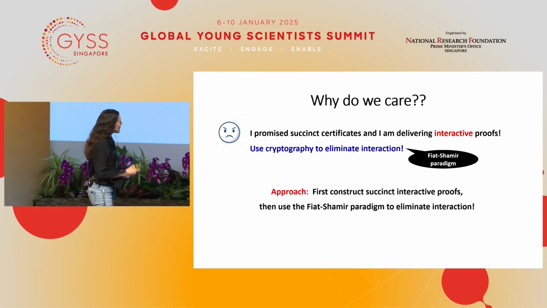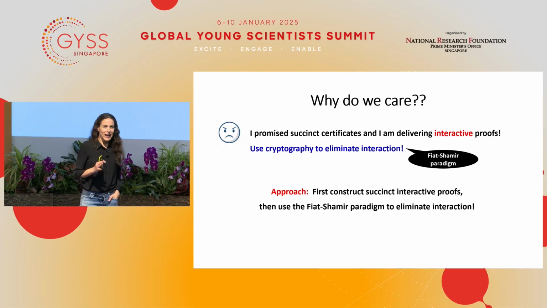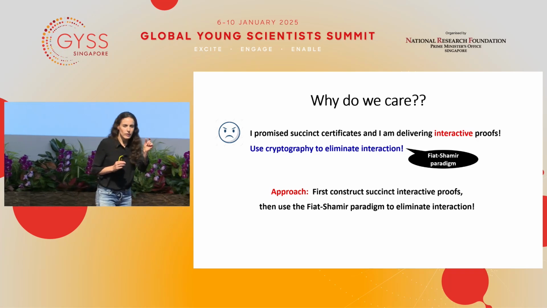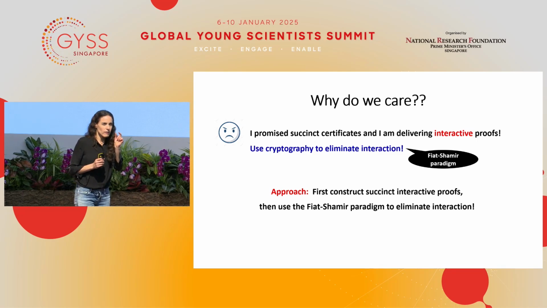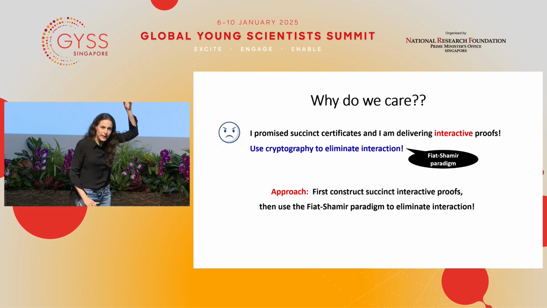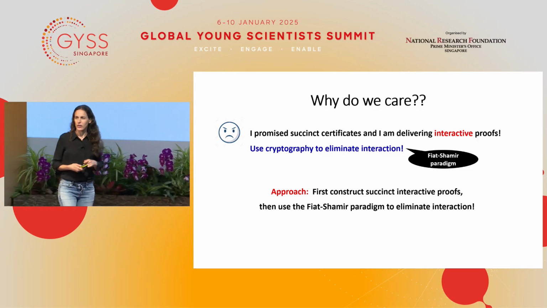And I want to point out one thing about this approach that's pretty remarkable. I want to construct succinct proofs. What is my approach? I'm going to first construct interactive proofs, and then I'm going to eliminate interaction using cryptography. It seems like a bit of a roundabout way, but that's actually how we construct these succinct proofs.